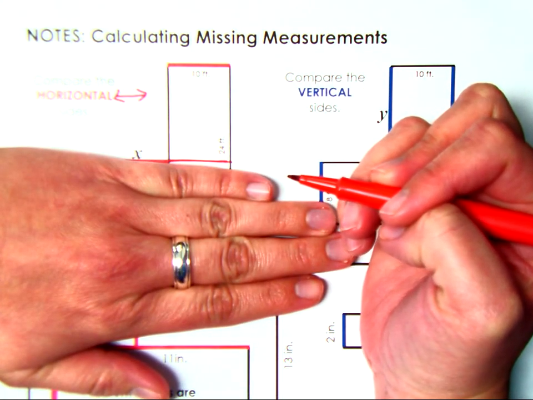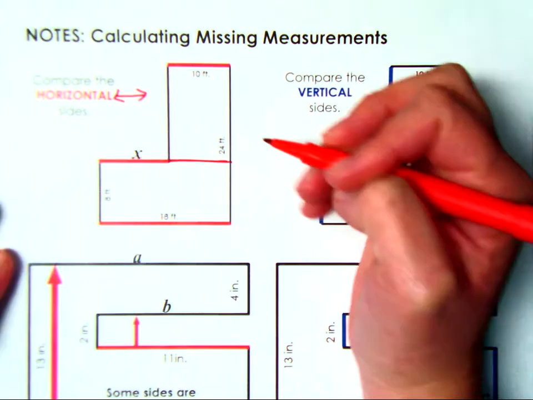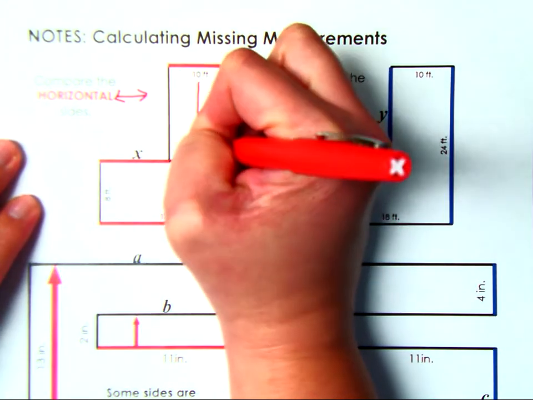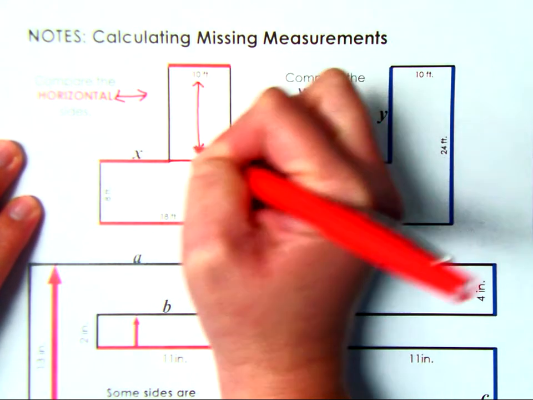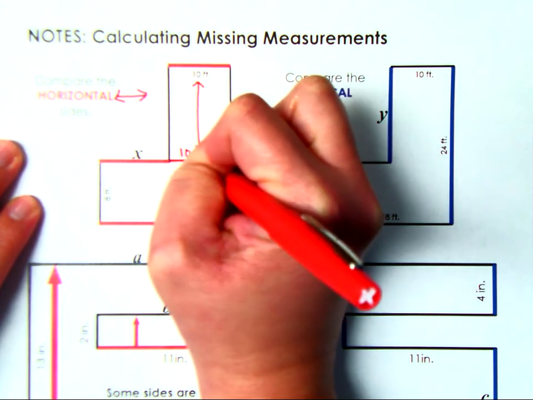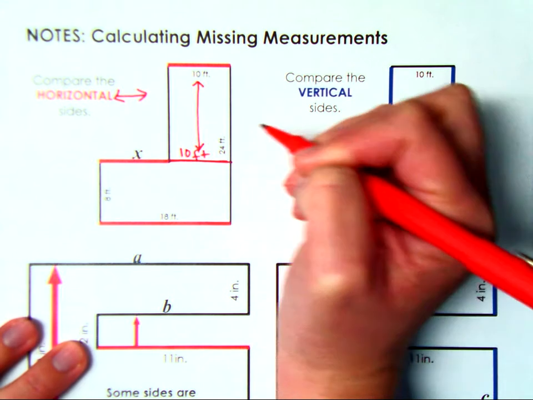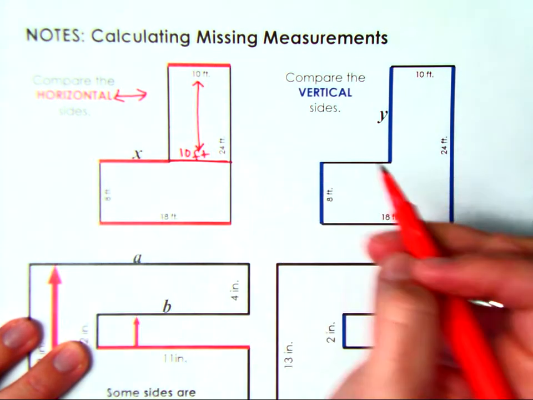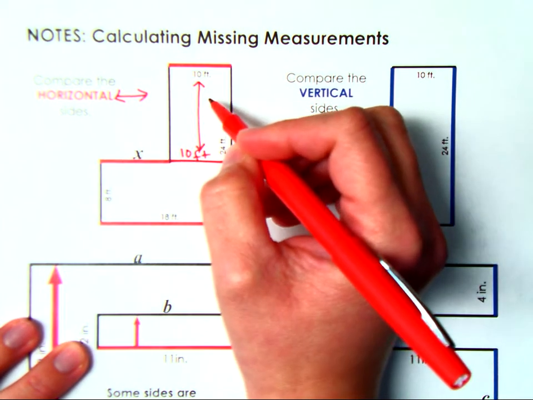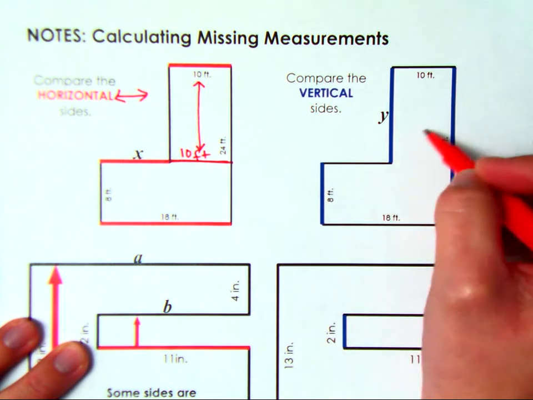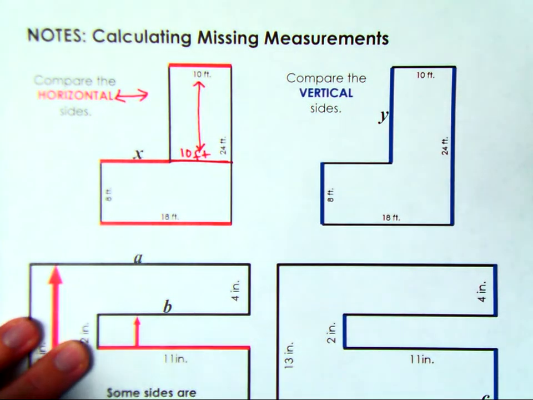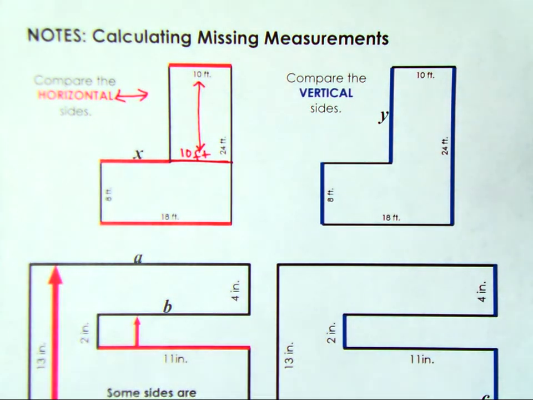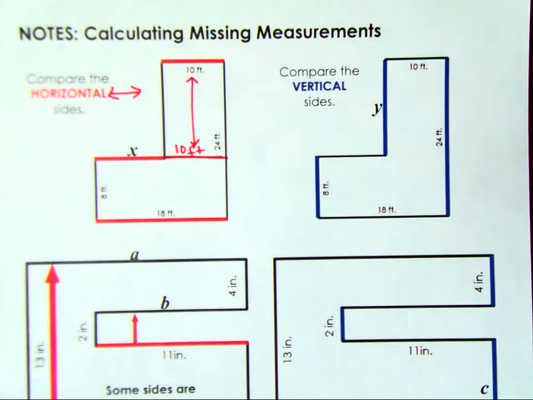When we break these up horizontally, we can see that in a rectangle your opposite sides are parallel and congruent. So this is 10 feet, and we need to know what x is. Maybe we're not finding the area just yet of that one. If they said, what's the value of x in this shape?